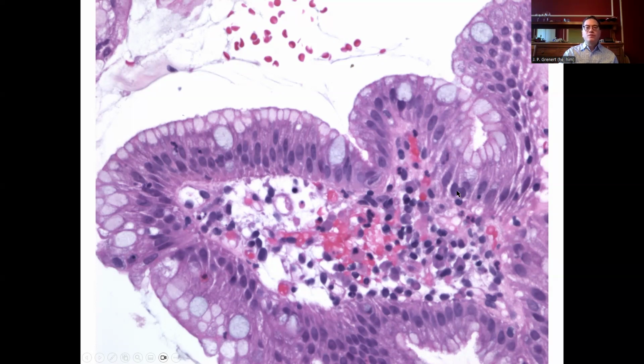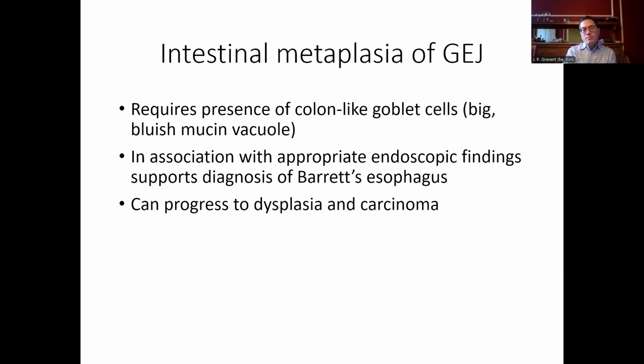So we don't have any concerns about any bad things going on here. So intestinal metaplasia of the gastroesophageal junction in the United States anyway requires the presence of the colonic-like goblet cells. And if you have the appropriate endoscopic findings, then that would support a diagnosis of Barrett's esophagus. And of course, the real significance of this finding is this can progress to dysplasia and carcinoma.